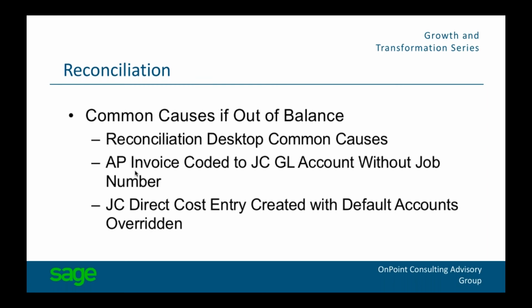And this is the one I was talking about here: AP invoice coded to a job cost GL account without a job number, and the job cost direct cost entry with the default accounts overridden. By design, labor is supposed to go to 5,100, but if somebody changed it to go to some other number, it's going to be out of balance.